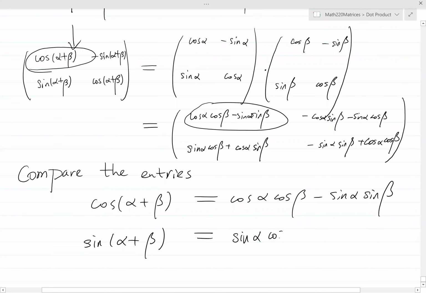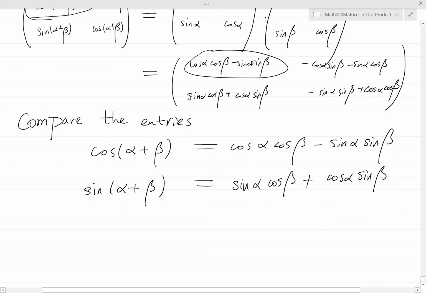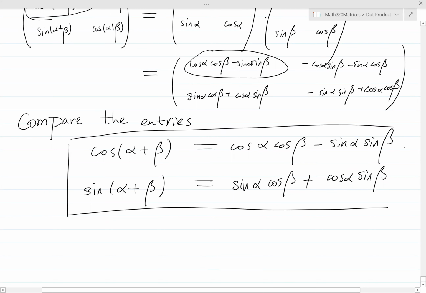And sine of alpha plus beta equals sine alpha cosine beta plus cosine alpha sine beta. So this is the addition law for the trigs. To be short, the addition law of the trigs comes from the addition law for these angles.